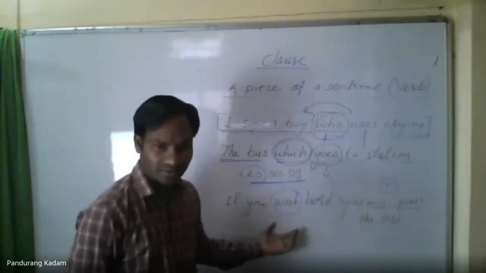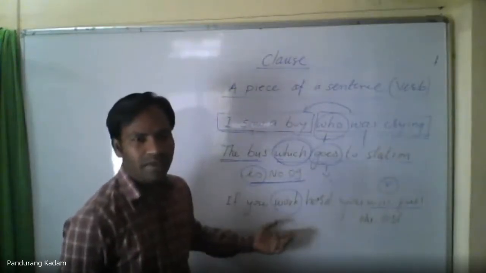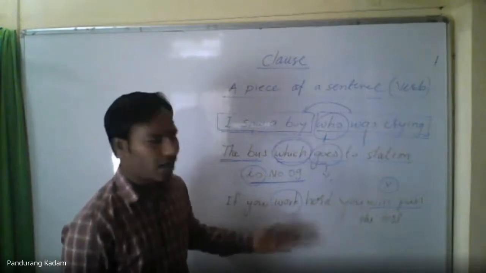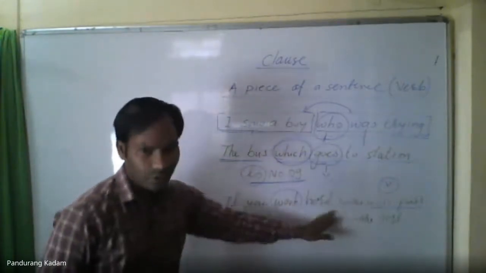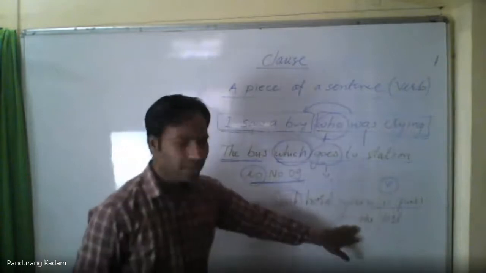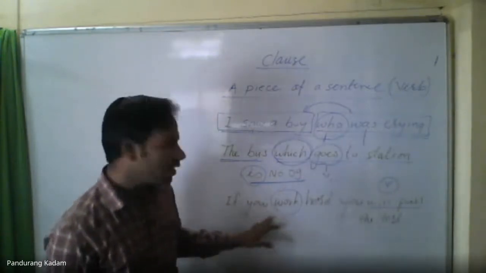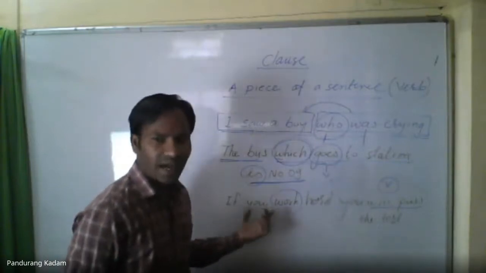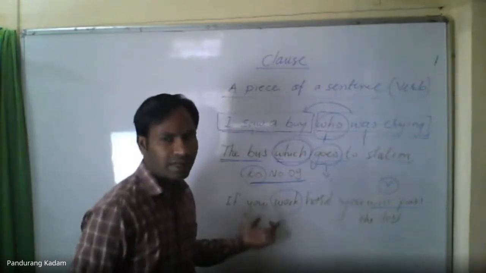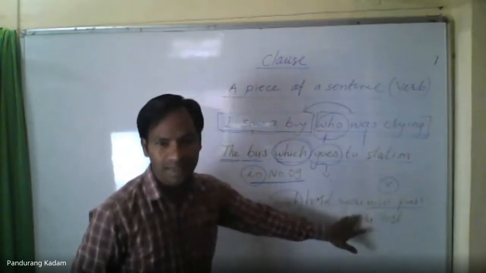And the first, if you work hard, अगर तुमने कड़ी मेहनत की तो क्या होगा? Does it have any meaning alone? No. Until the next piece is attached, it will not deliver any complete sense. That's why this is a dependent clause, the subordinate clause, and this is the main clause.